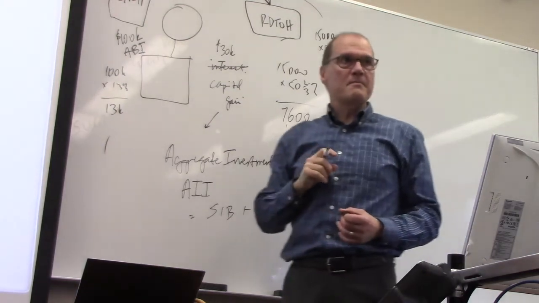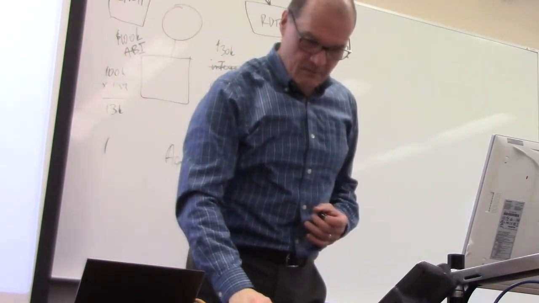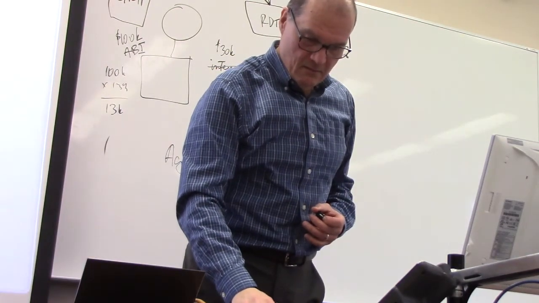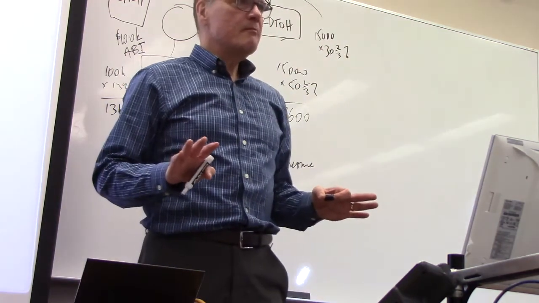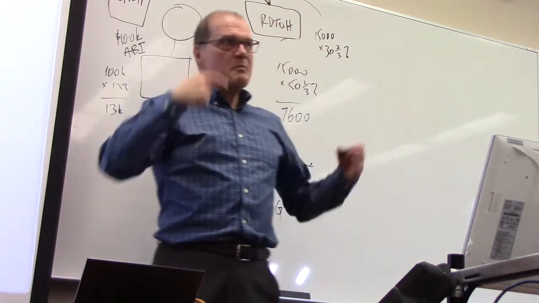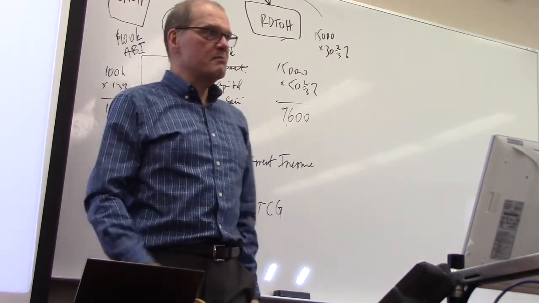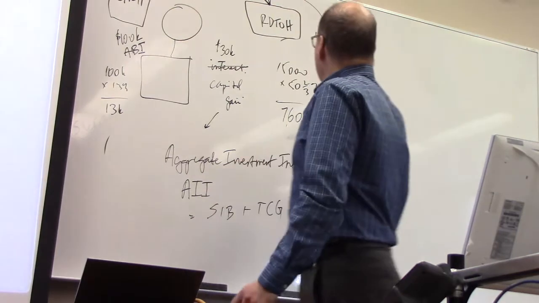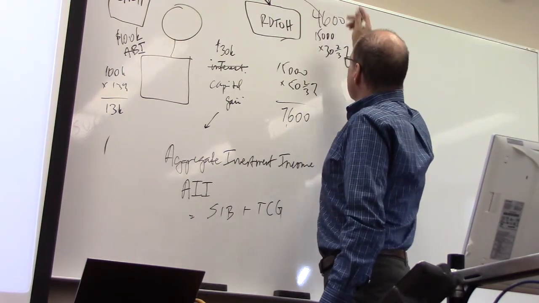And how much is that? $4,600. Yep, which by my memory is about half of 9,200 from last time. So it looks like my math is okay. $4,600 goes into there.